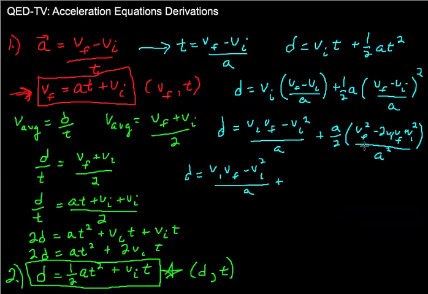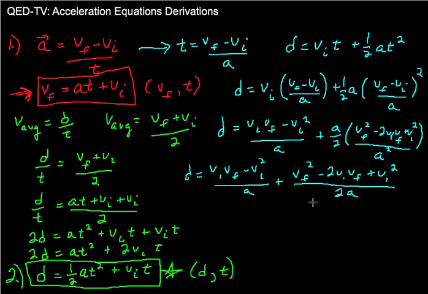okay, we're going to try to multiply this through here. On the bottom here, I'm going to have an A and an A squared cancel out, and I have a 2 on the bottom, so I'm going to have 2A on the bottom, and on the top I'm going to have this top part, Vf squared minus 2 Vi Vf plus Vi squared. Okay, good.